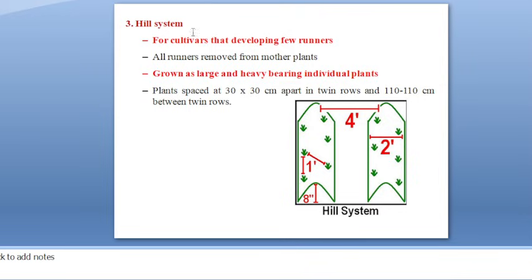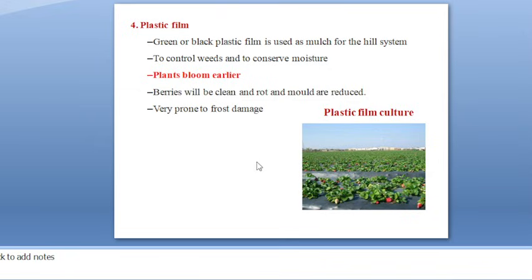The hill system of planting is commercially followed where the plant has the ability to produce only few suckers.